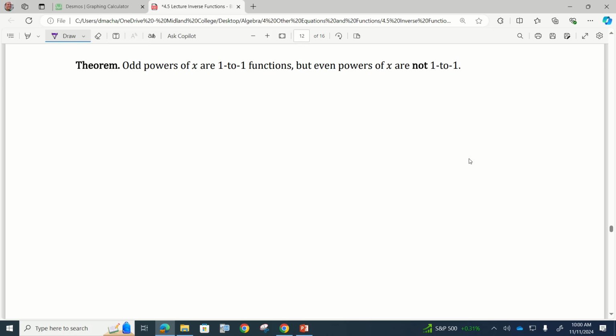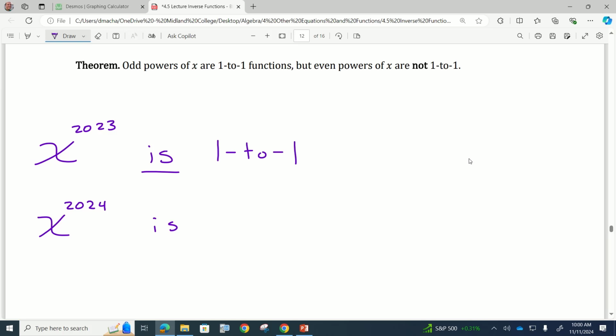If I have an odd power of x, like x raised to the power 2023, this is a one-to-one function. But if I have x raised to the power 2024, it is not. Odd powers of x are one-to-one. Even powers of x are not one-to-one.